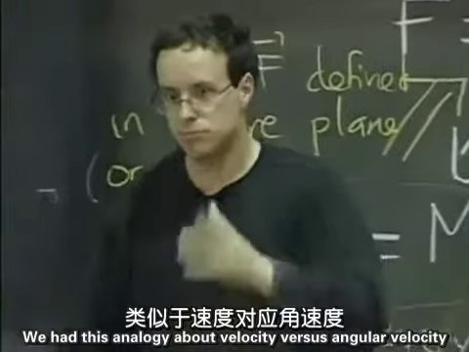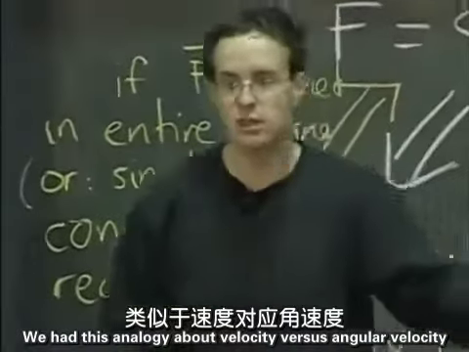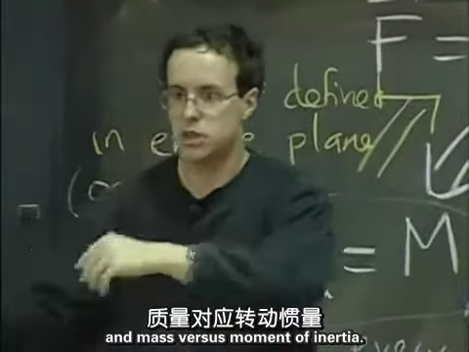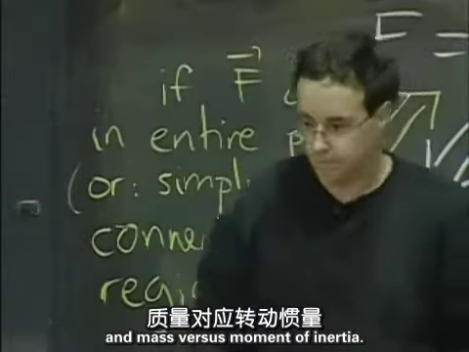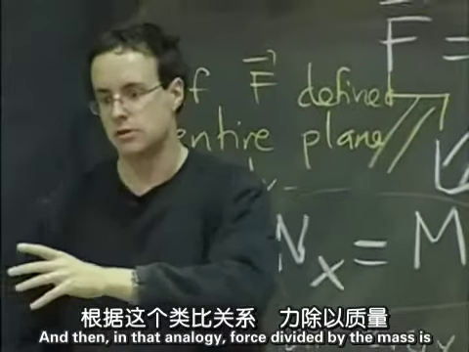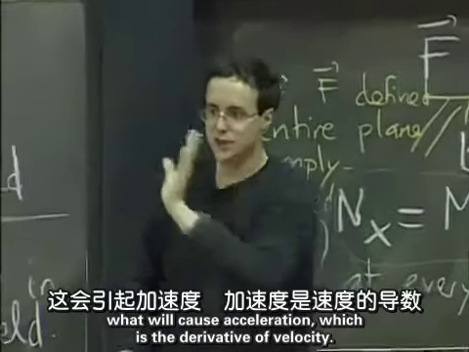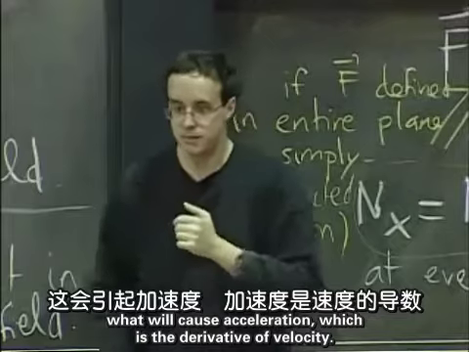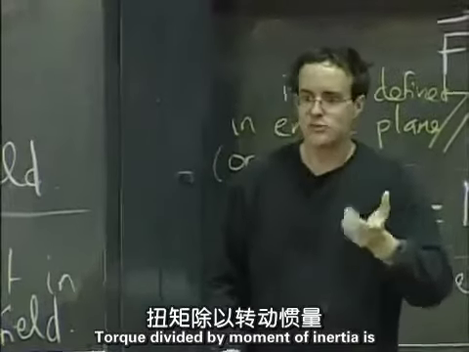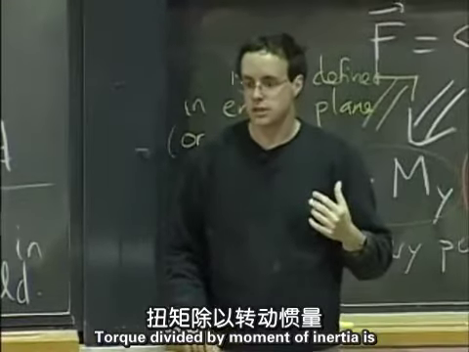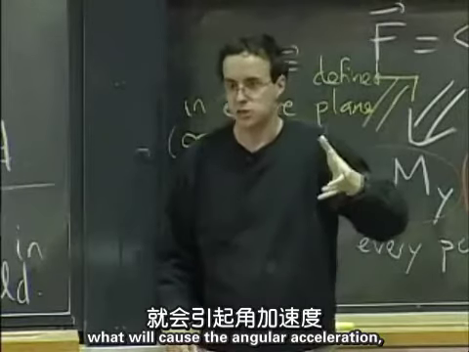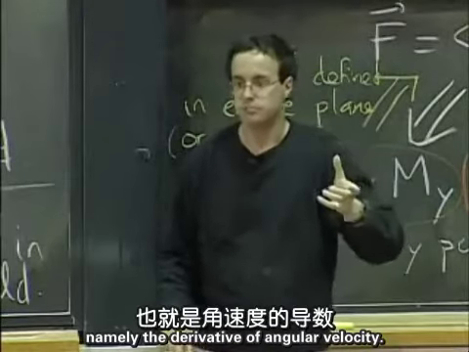We had this analogy about velocity versus angular velocity and mass versus moment of inertia. And in that analogy, a force divided by the mass is what will cause acceleration, which is the derivative of velocity. Torque divided by moment of inertia is what will cause the angular acceleration, namely the derivative of angular velocity.